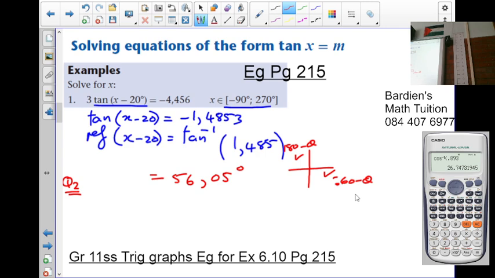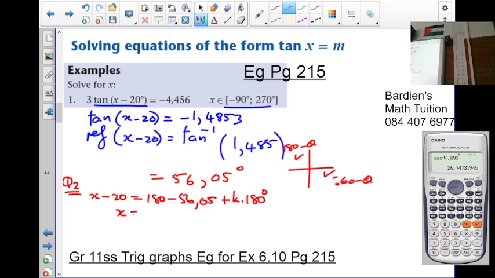Quadrant 2 is going to be x - 20 = 180 - 56,05 + k times 180. So what we do is we put on our calculator 180 minus that answer plus 20.